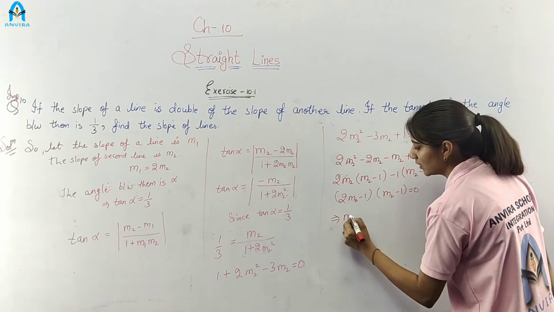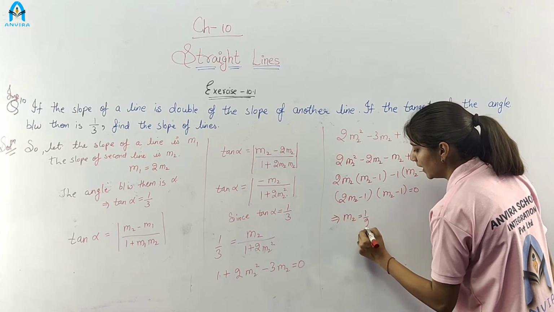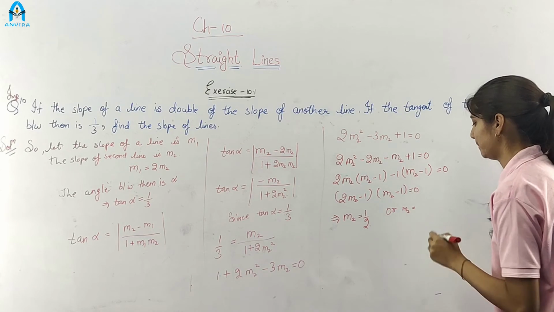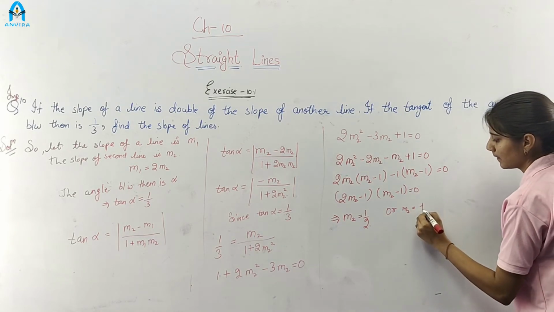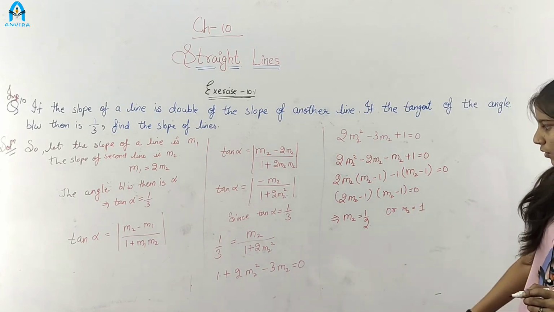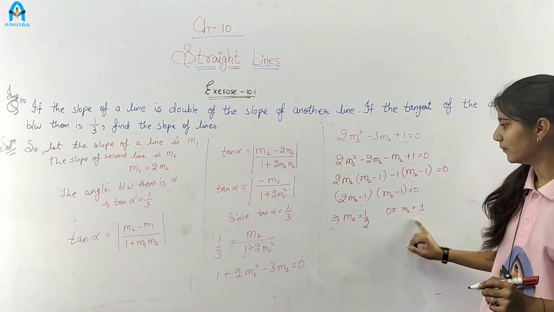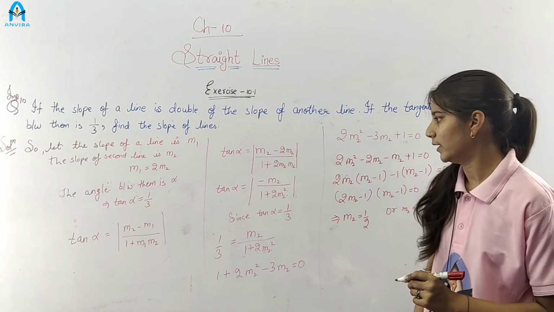From here we can conclude m2 is equal to 1 by 2 or m2 is equal to 1.